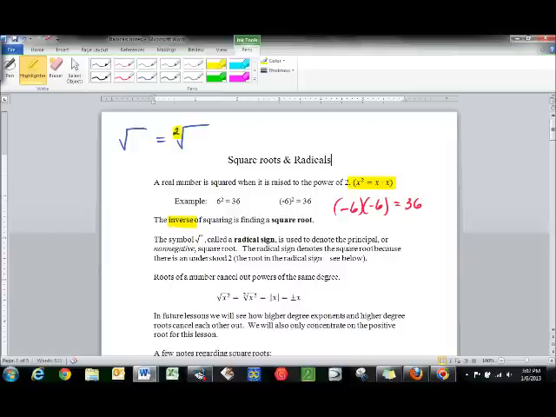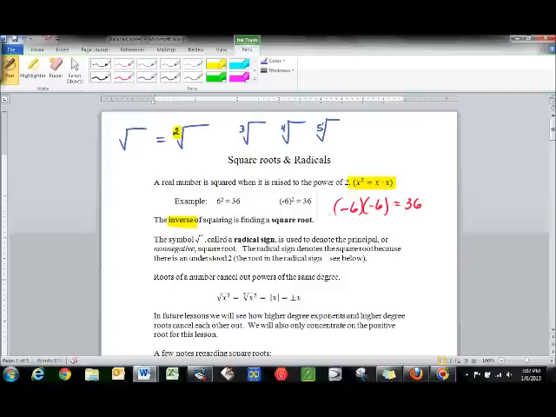Now, the sign itself, that kind of looks like an old division sign, is actually called the radical symbol. We will use this radical symbol for all types of roots. So later on you'll see a third root and a fourth root and maybe even a fifth root.